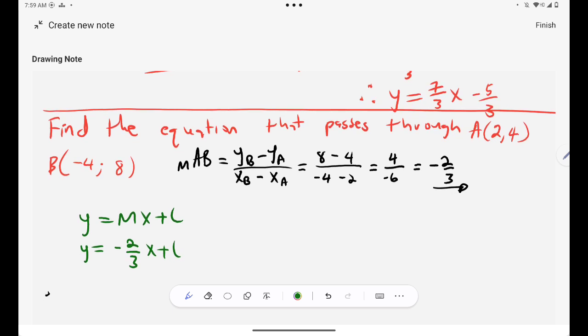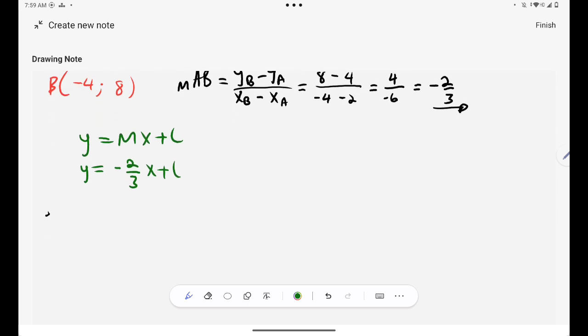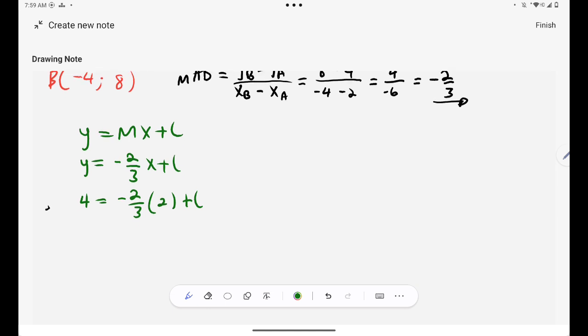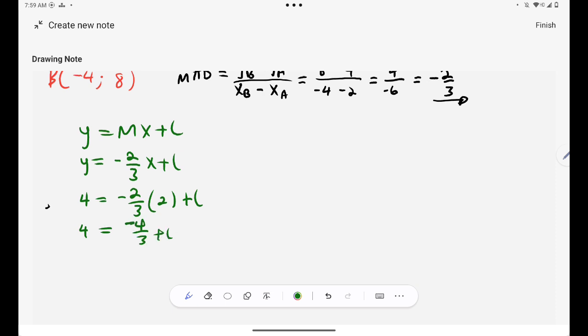I prefer working with positive terms, so I'll use point A. Point A, the y value is 4 and the x value is 2. Are you together? So I know that I will have 4 this side, negative 4 over 3 plus c, and then c will be equal to 4 plus 4 over 3. 4 plus 4 over 3 is equal to 16 over 3.